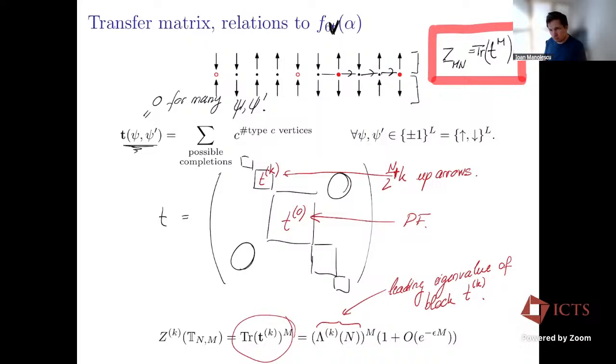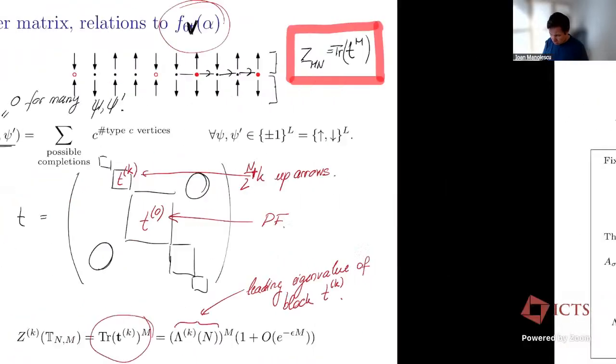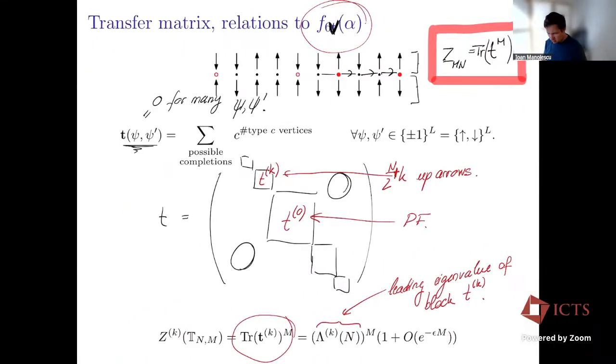Right? So now if you factor this in and you look at the free energy, you kind of understand that this m here is going to disappear as you take the free energy because you're dividing by the volume.